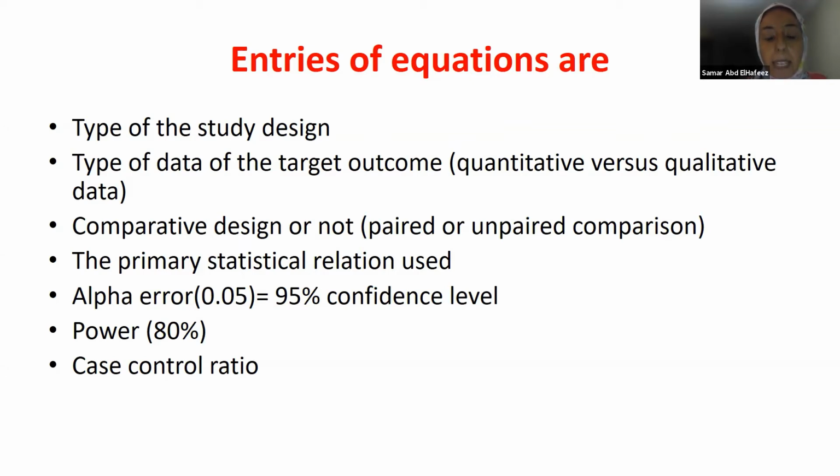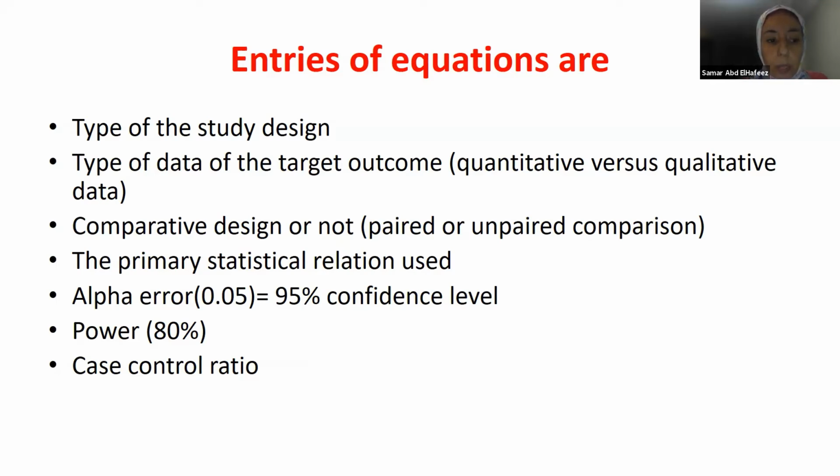Then the primary statistical relation used: will I only report the percentage, or do I need a regression analysis, a correlation analysis, a chi-square, a t-test? So it depends on the primary statistical relation used, and this can be determined with the help of the statistician when you tell him exactly what you want to assess in your research.